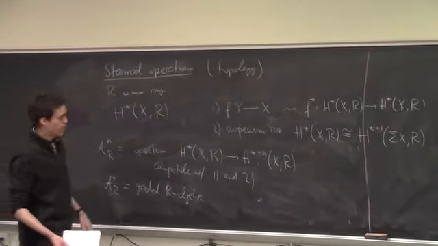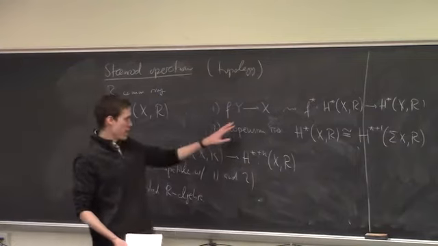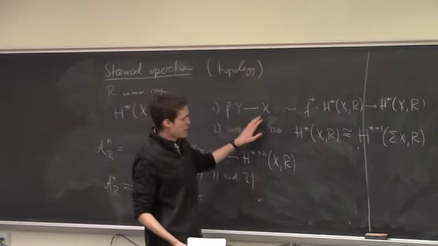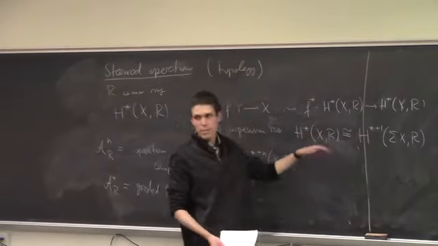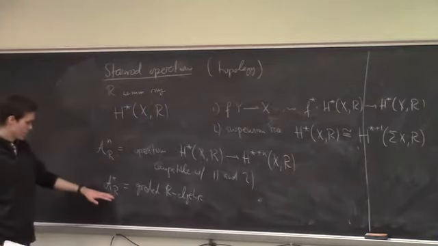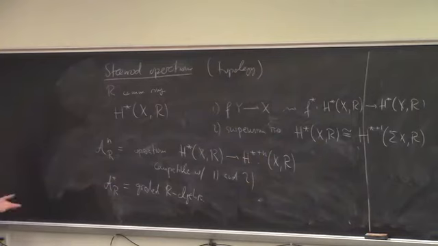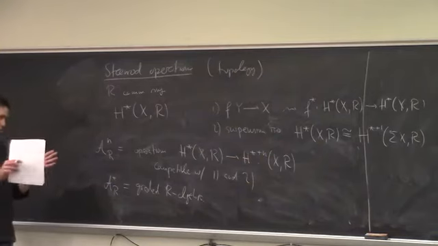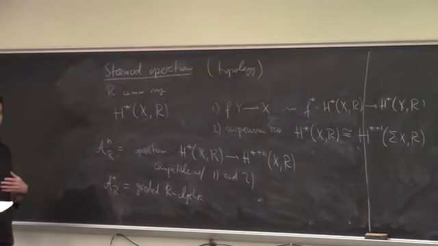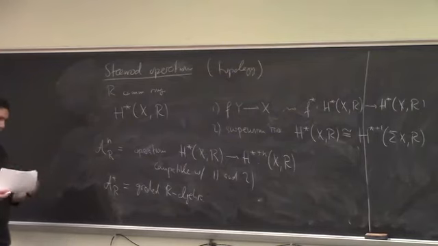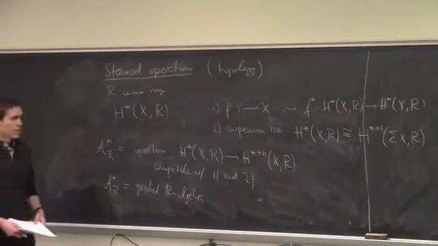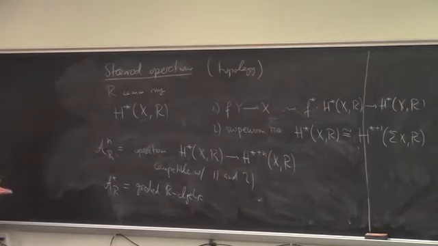And if you have any map between spaces, then this pullback map is linear for the action of this algebra. So this potentially can put a lot of restrictions on what cohomology of spaces can be, and what maps between cohomology groups induced by maps of spaces can be. And so this is extremely powerful for computations.